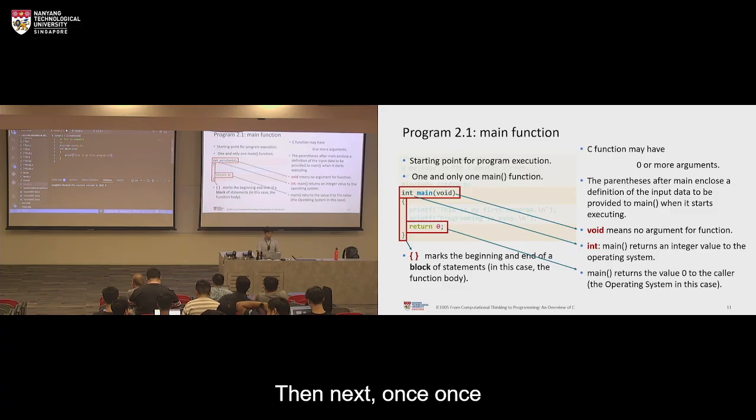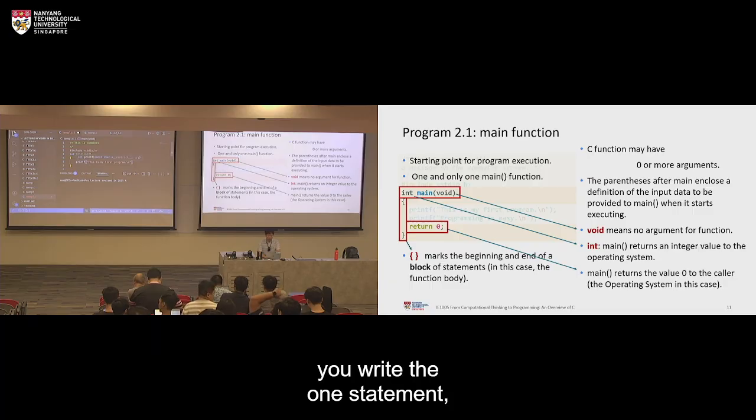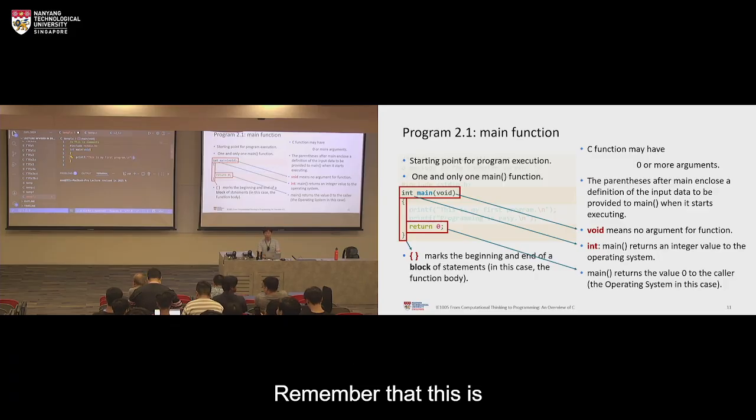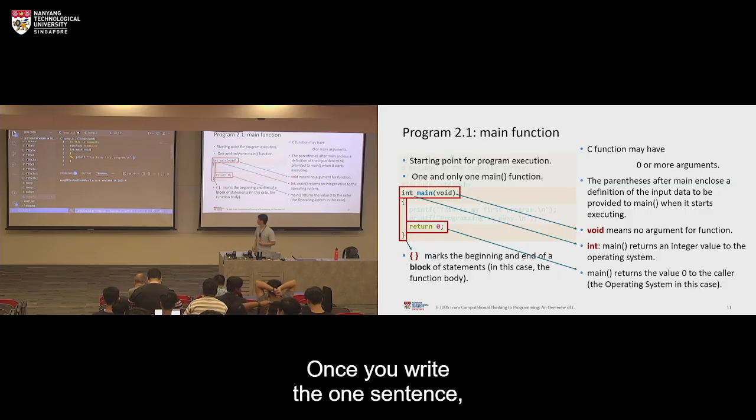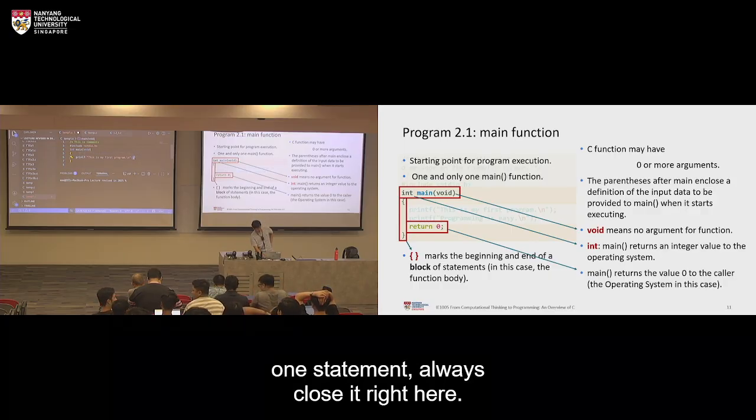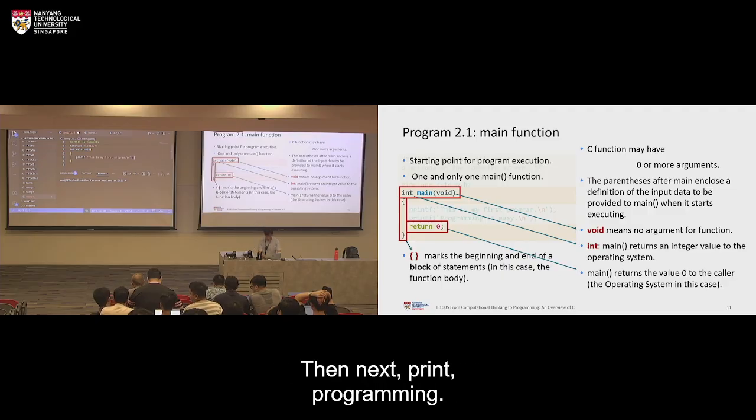And then next, once you write one statement, you have to close it. How? You will say semicolon. Remember that this is a very frequent mistake. So once you write one statement, always close it right here.